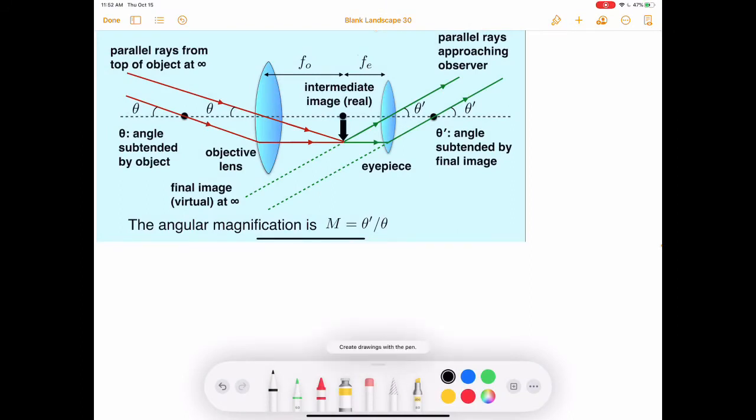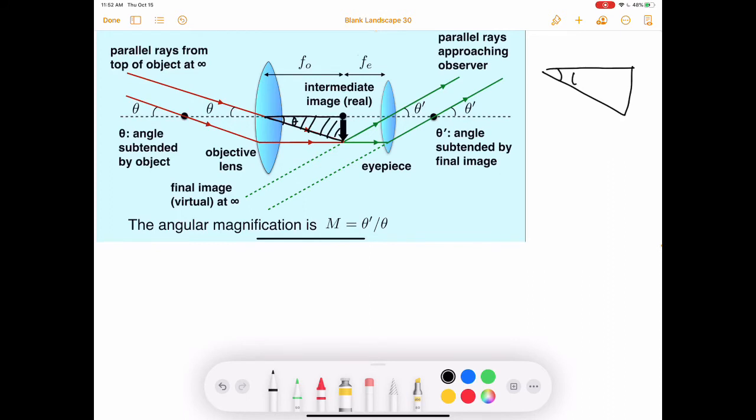If we're going to work out what the angular magnification is, I just want to point out that there is a triangle in this diagram that we're going to focus on for now. This one right here. And the angle inside that triangle is theta, the same as this angle theta out here. So let's copy that triangle down.